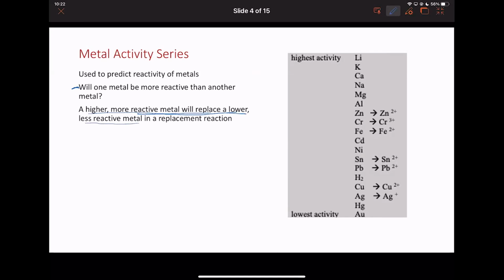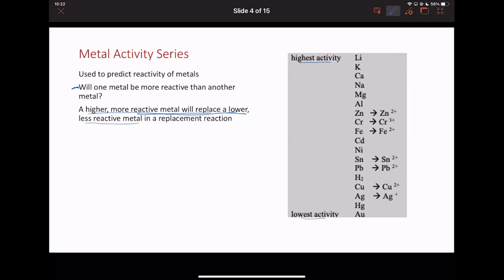So that's why these are listed as a vertical column. These metals at the top are more reactive. They have higher activity compared to the metals down below. As you go successively down, these are less reactive. So a higher metal will always replace a lower metal, and there will be a replacement reaction. And that is part one.